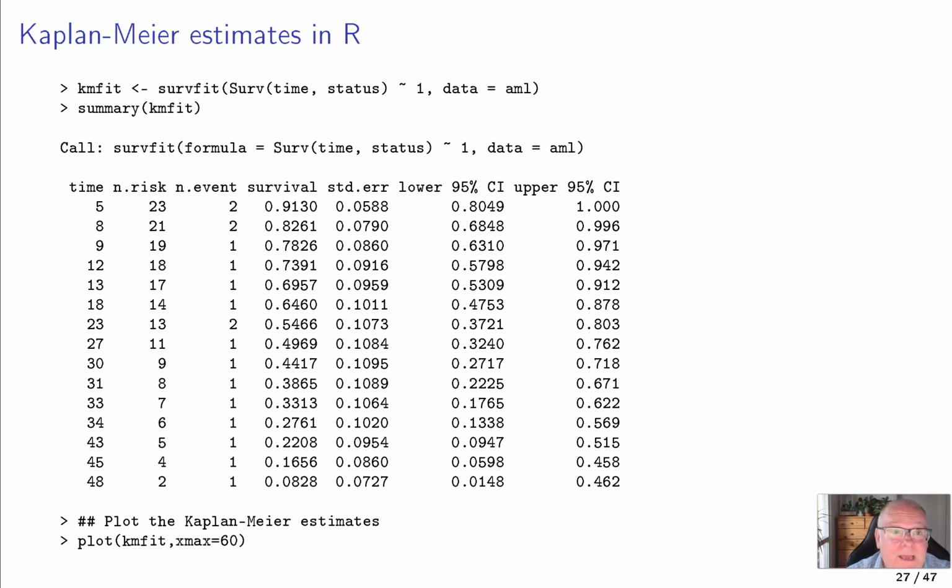This is how we estimate the Kaplan-Meier function in R. We use the survfit function, and in order to estimate survival, we need to tell our software the two dimensions of the outcome, the time dimension and the status dimension. And in R, we do this using the survival object, or Surv here.